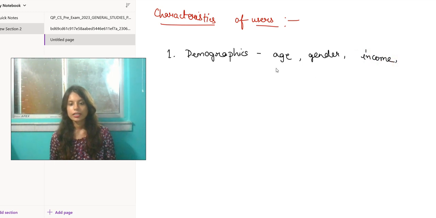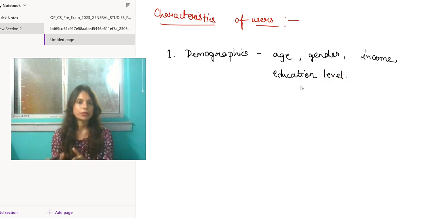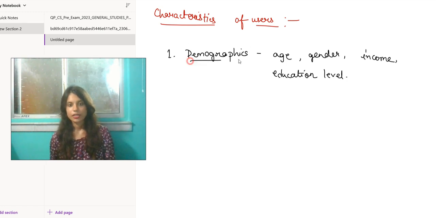All these are the factors on which we can categorize the people or the users. So understanding the demographics of the users can help you to design products and services, and also through these you can target the specific needs of the users through which you can develop your products and services.